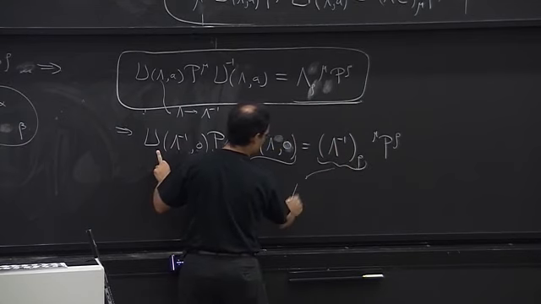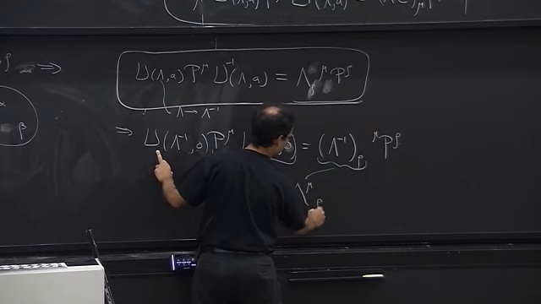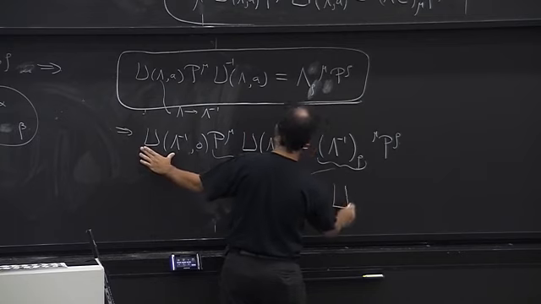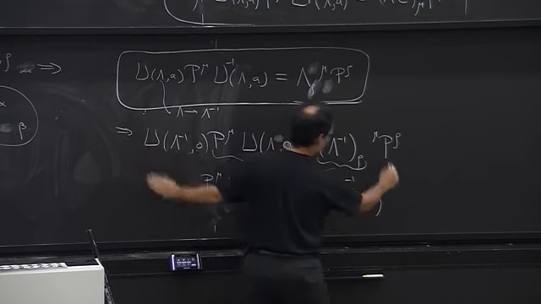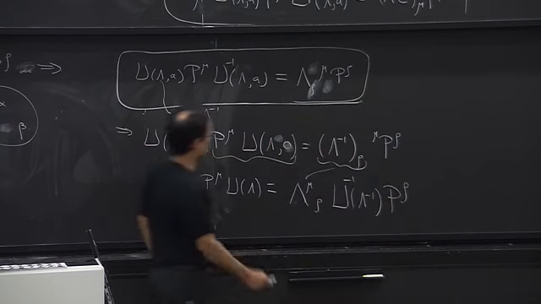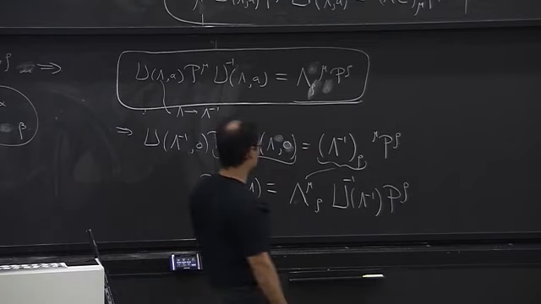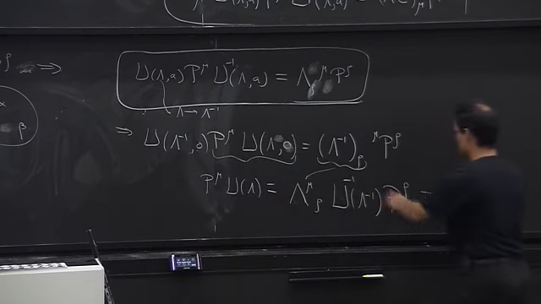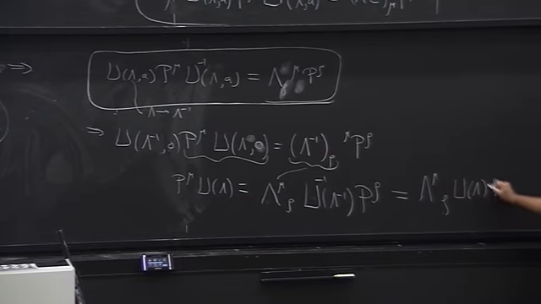But this thing is nothing but the original lambda with the indices flipped, and we have the U acting here, P rho. Okay. And what is this transformation? Well, that gives us mu rho U of lambda P rho.